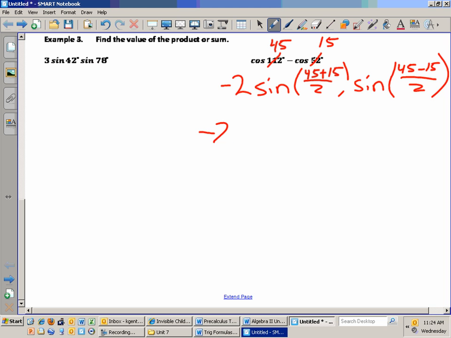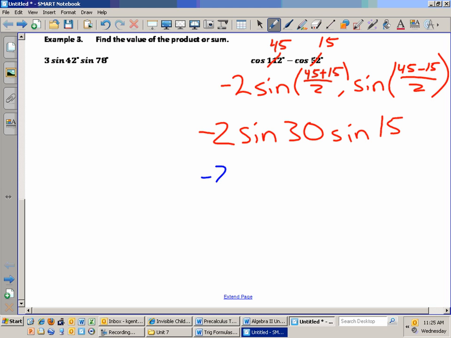So that leaves you with negative 2 times the sine of, Sam, you said 30, times the sine of 15. Sorry, looks like I wrote a bogus problem. Your book won't do that.